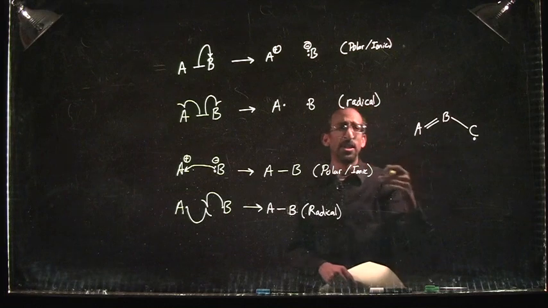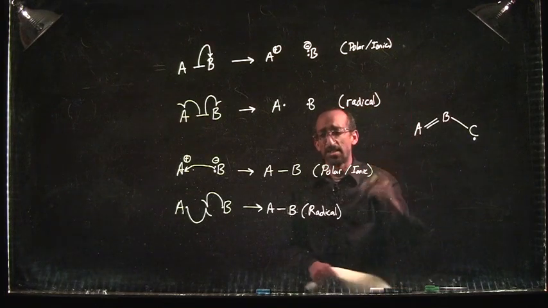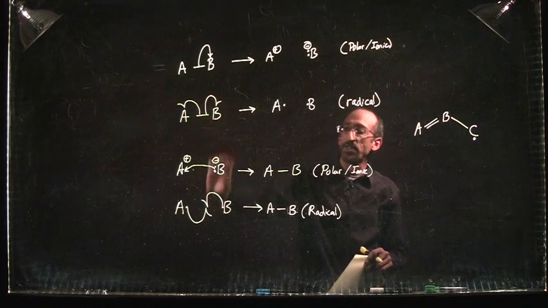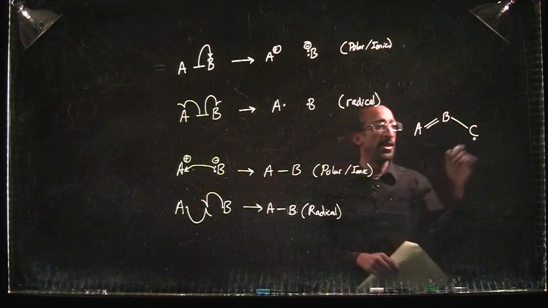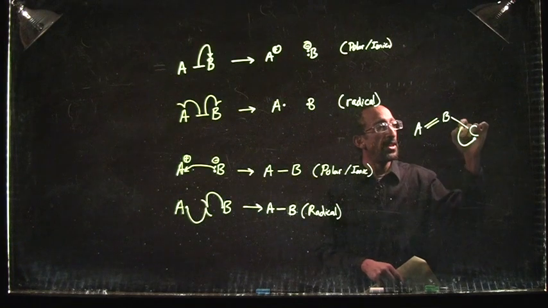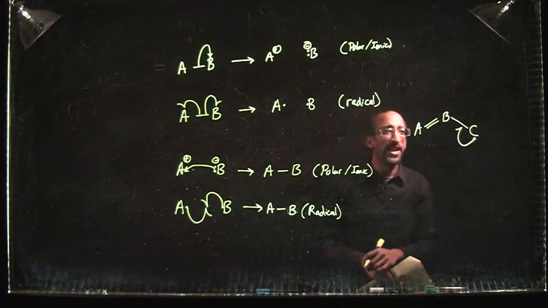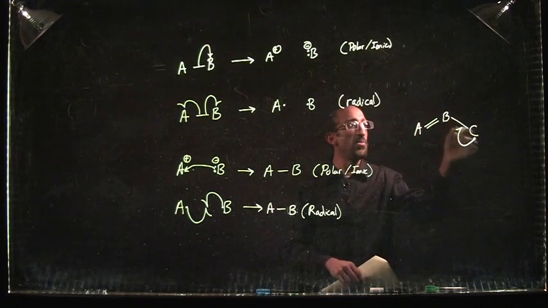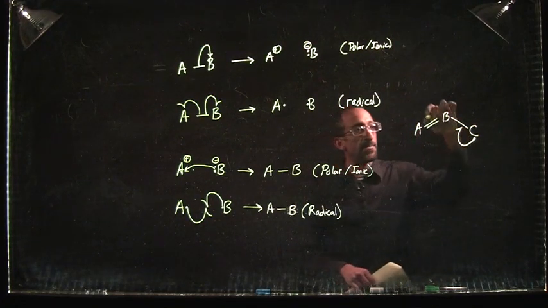The same rules from polar and ionic processes with this new added style of arrow, fishhook arrow rules, are going to be combined. So what I see is that if I move that unpaired electron off of atom C, I'm going to use it to create a new bond between atom C and atom B.